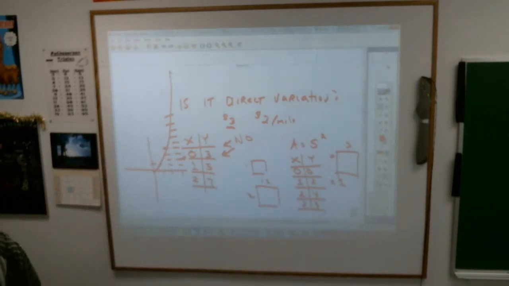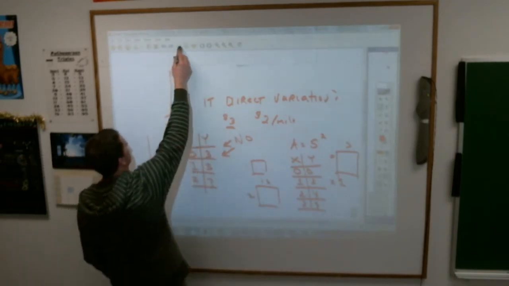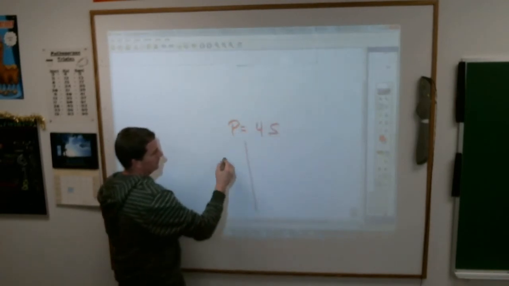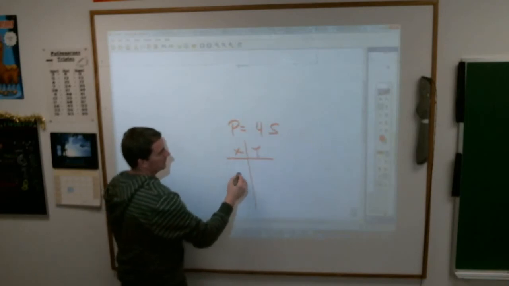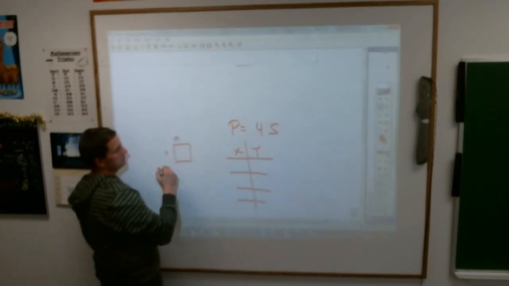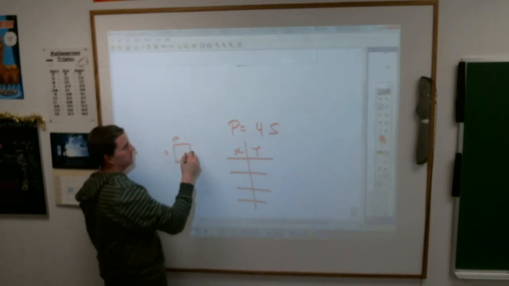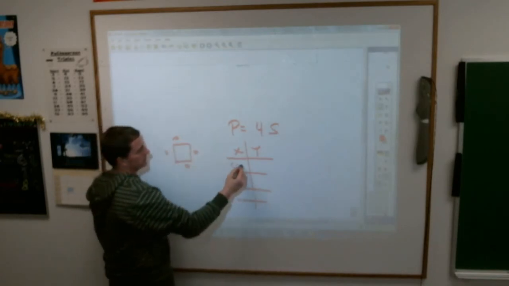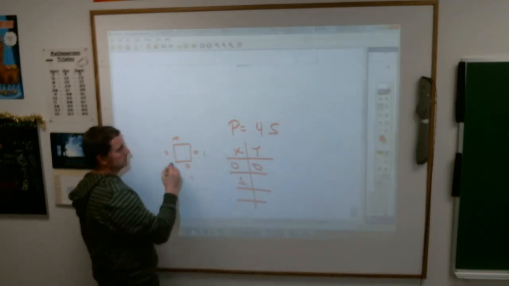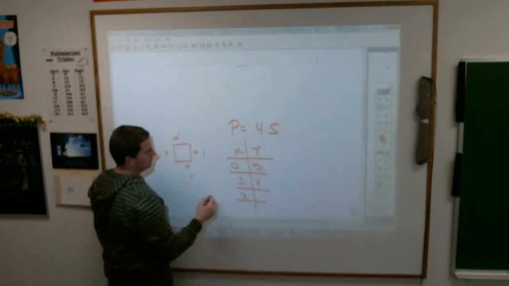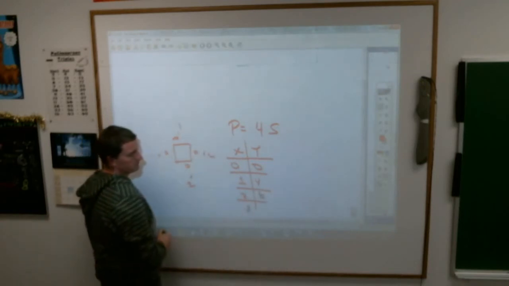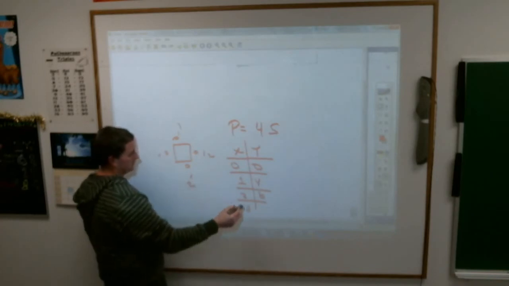So this is not directly proportional. Even though it goes through the origin, it doesn't have a constant of proportionality. And the last one, perimeter of a square equals 4 times s. If a square has a side of 0, what's its perimeter? 0. If it has a side of 1, the perimeter is 4, a side of 2, 8, and a side of 3, 12.